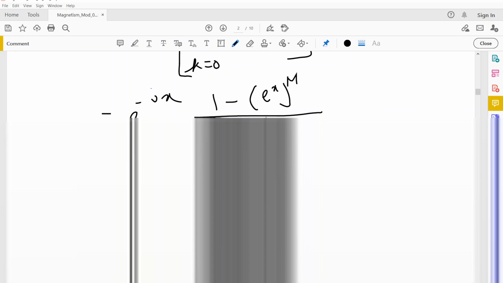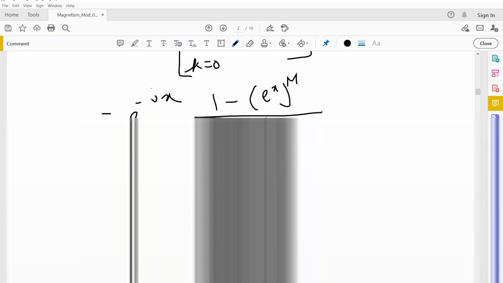And now let us differentiate this partition function, but before that let me mention the value of x that we have considered. This is nothing but g mu B times B over kBT. So the g factor times the Bohr magneton times the magnetic field, divided by kBT, that's our x.